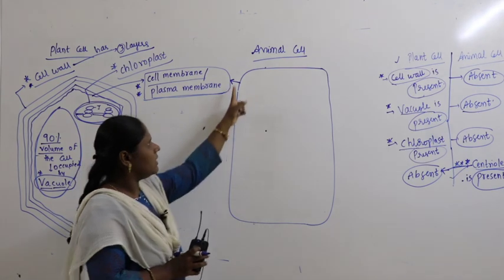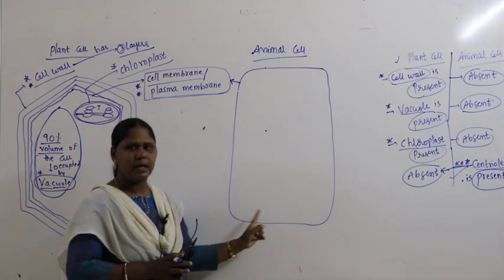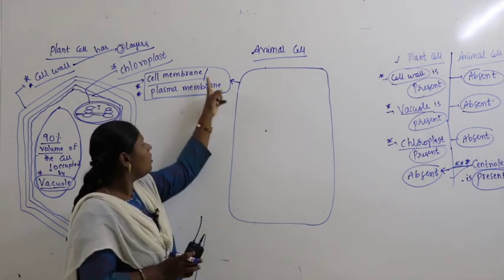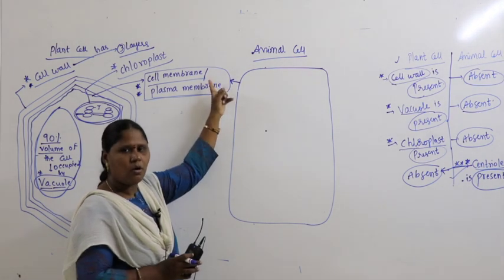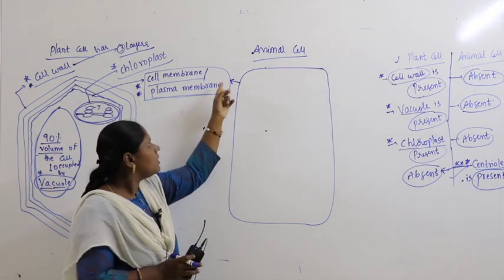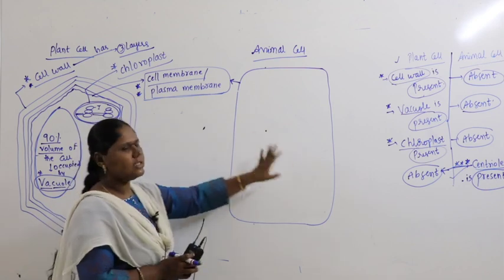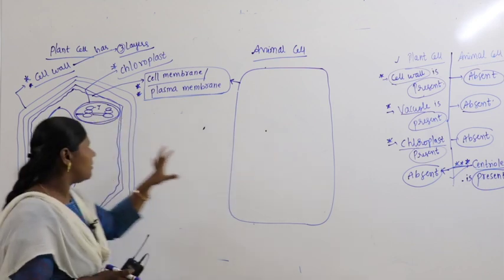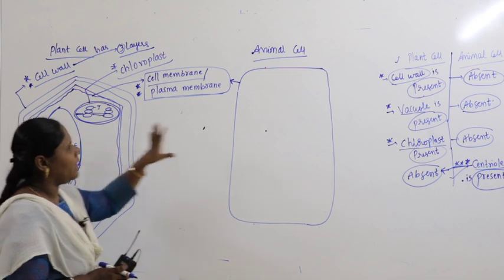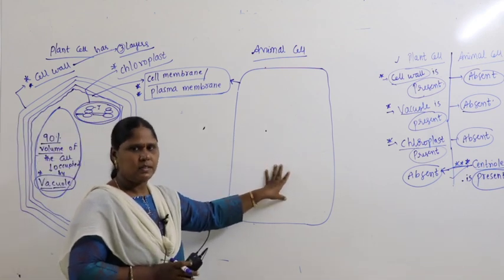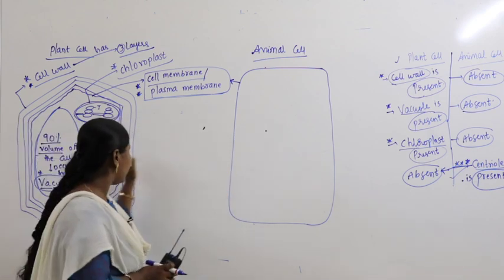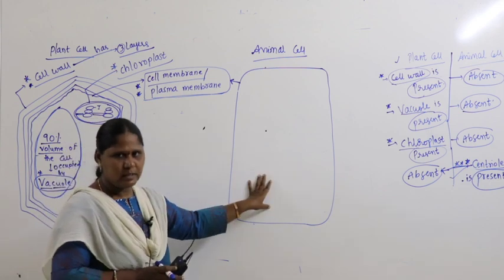The animal cell is surrounded by a layer called the plasma membrane or cell membrane. This is common for both plant cell as well as animal cell. For both it is present.